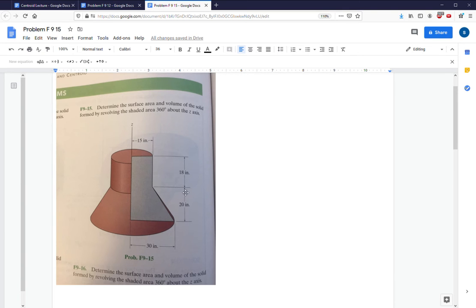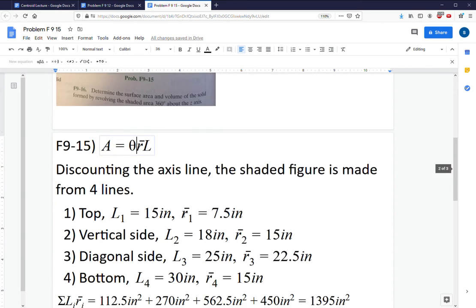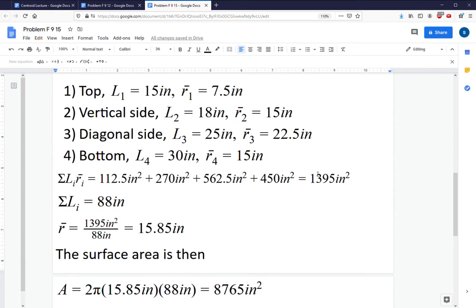We can recognize this is a 3, 4, 5 triangle, which means the length of this diagonal is 25 inches. As for its average location, it is at the halfway point between 15 inches and 30 inches, which is 22.5 inches.